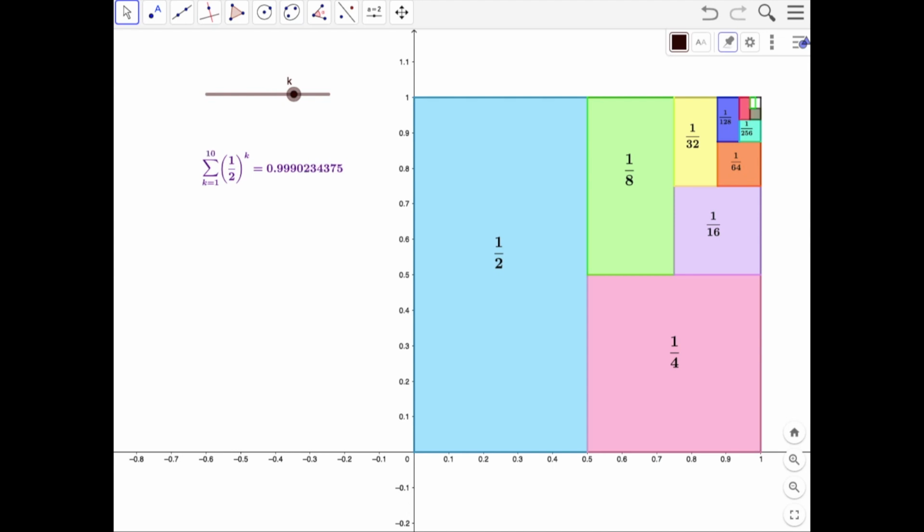Right? And so we continue. You can see the sum starts to look closer and closer to 1, right? And then, of course, it gets so small that we can't really continue in a way that we can see. But hopefully you get the gist, you get the idea of what's happening here.